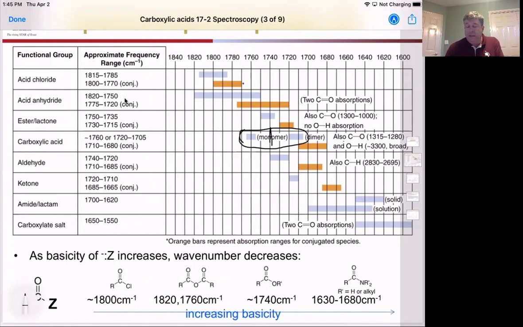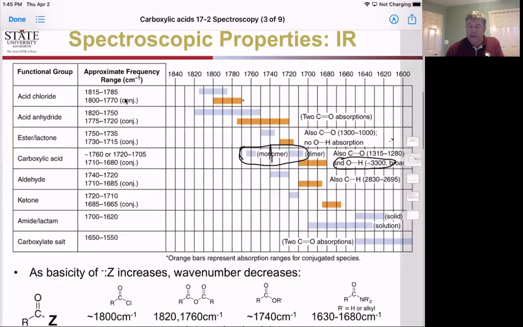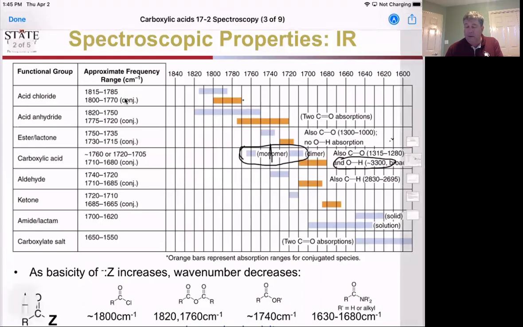But the other key thing to note is that it has this big peak down in the 3000 range, where the OH peaks for alcohols would show up. That also shows up in the IR spectroscopy.